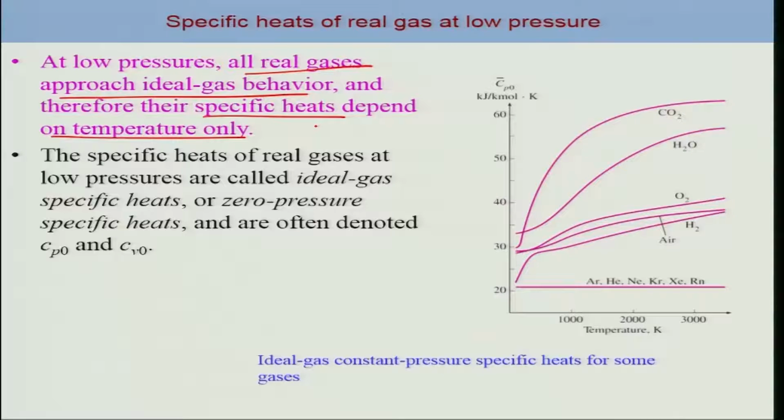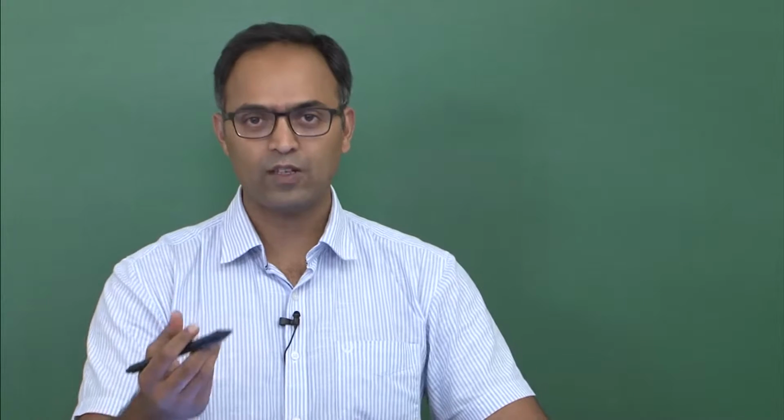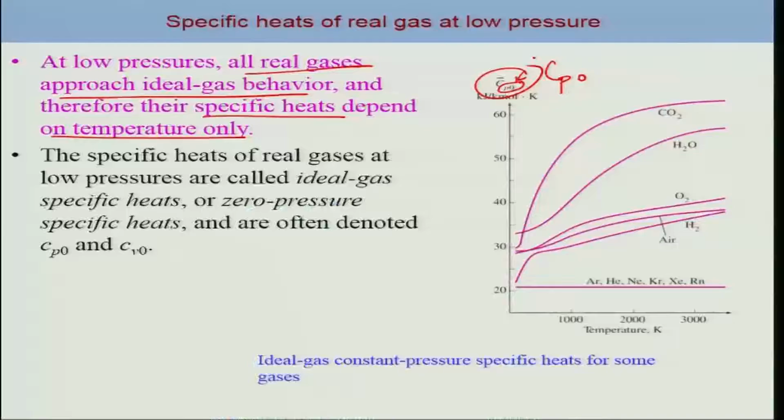So specific heat for real gases at low pressure is given in this plot, where we have plotted the specific heat of real gases at zero pressure. Again, this is Cp, which means constant pressure, but at extremely low pressure, and the bar represents that it is on a molar basis. So this is your typical specific heat for real gases.